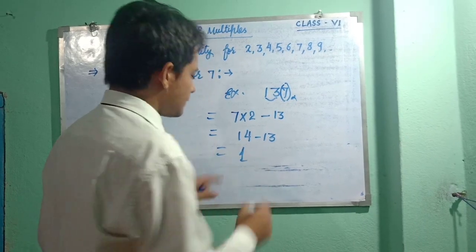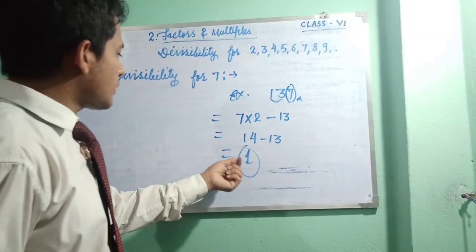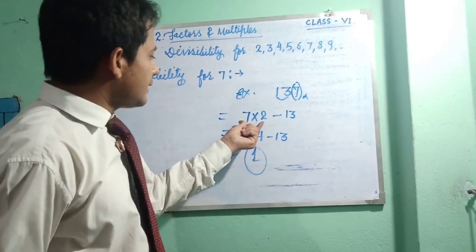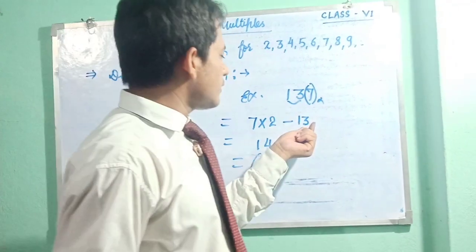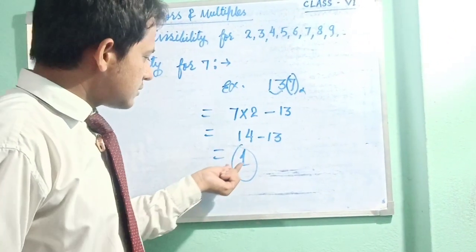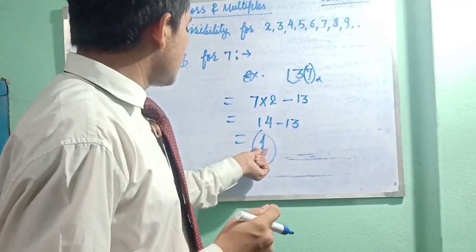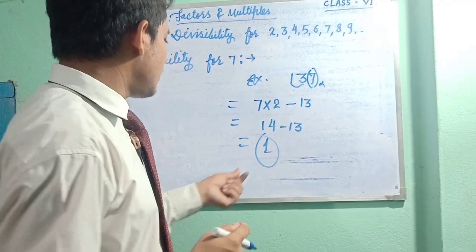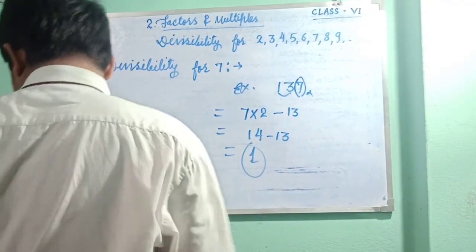Is it divisible by 7 or not? No, because the difference is not a multiple of 7 or equal to 0. This means this number is not divisible by 7.